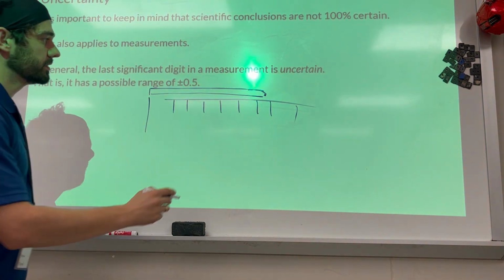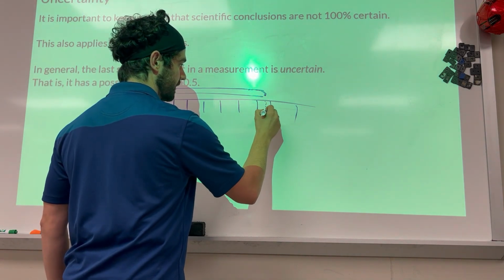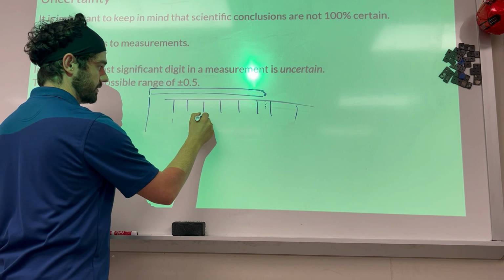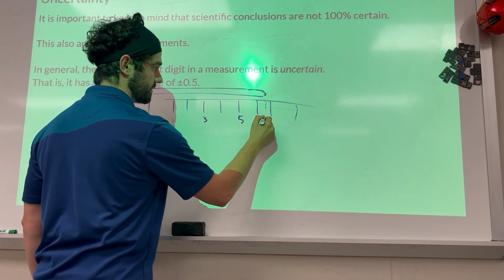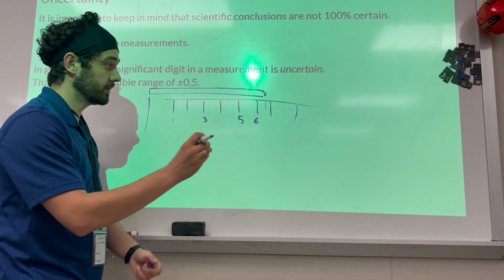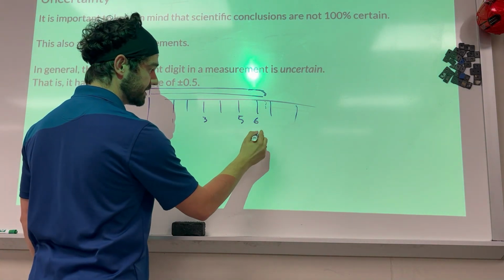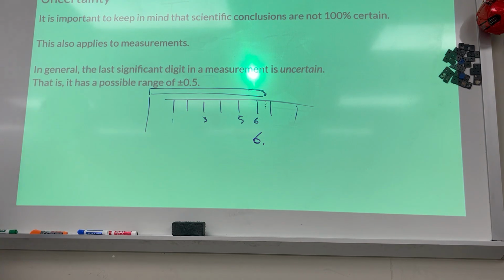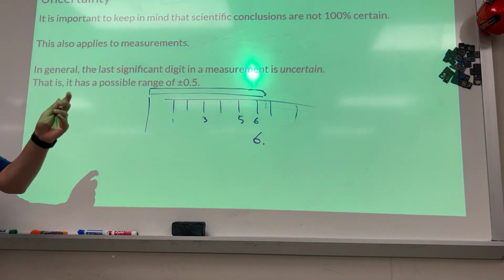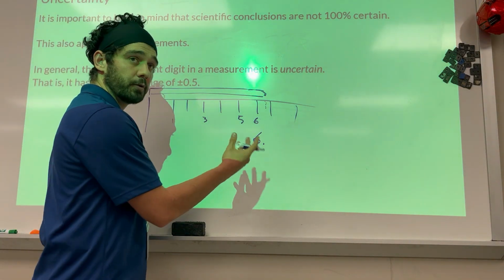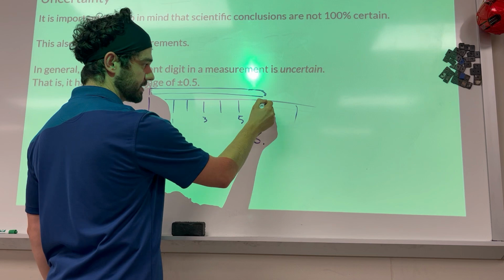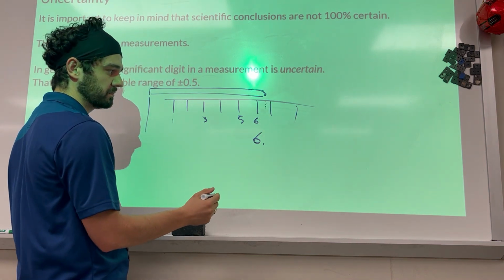Okay, so if the pencil comes to here, 1, 2, 3, 5, 6 point something, I'm very certain that the first digit in my measurement should be a 6, because I have a line on the ruler to prove it. Good practice is to estimate the next digit. What do you think this digit is here based on where my dotted line is? 7. 6.